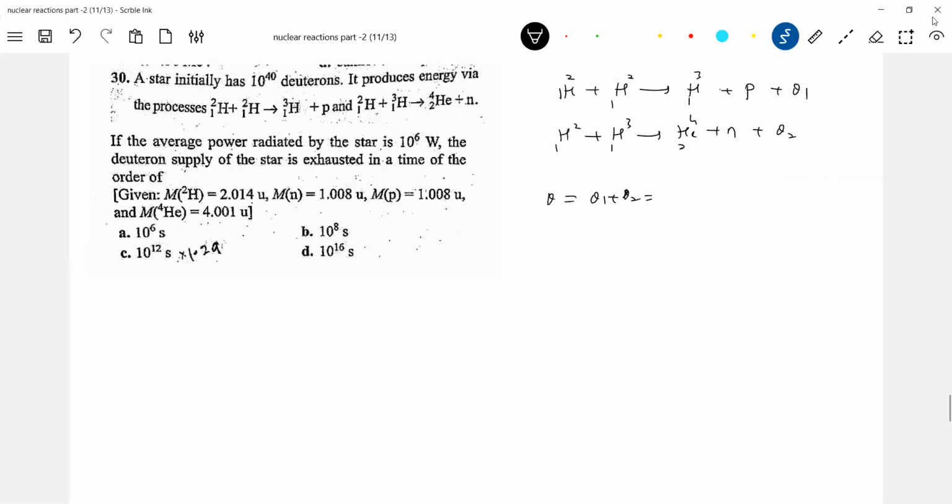This will be 3 times the mass of 1H2, 2.014 U, minus the helium, 4.001 U, minus the mass of the proton and neutron, so this is 1.008 U. We'll calculate delta M. Mass of proton should be less than that.